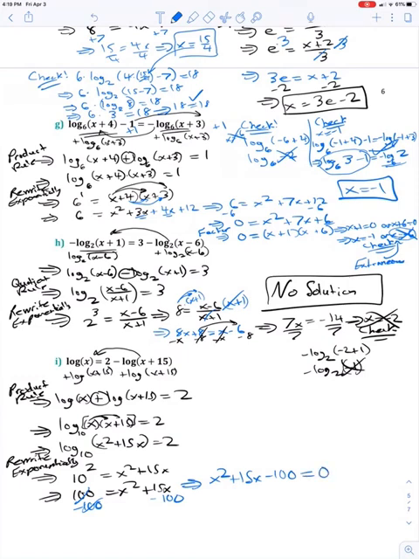Now we got to find factors of 100. What factors of 100 will work together to make 15? We know 5 times 20 is 100. We can use that to factor. As we build our two linear factors, which our quadratic has, we need an x and x up front for the x squared term. And then we're going to need a, what? Plus 20.